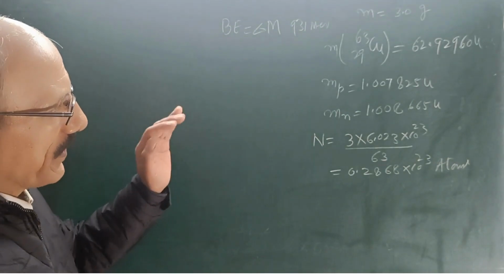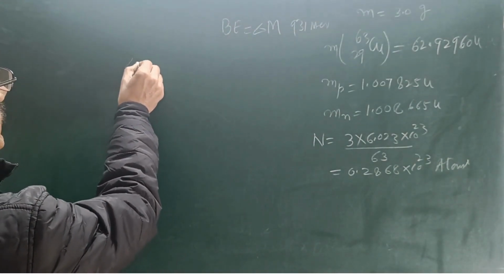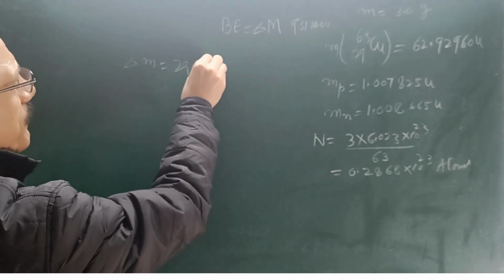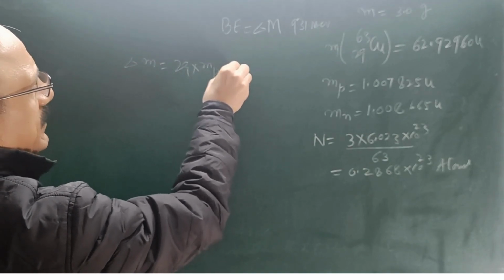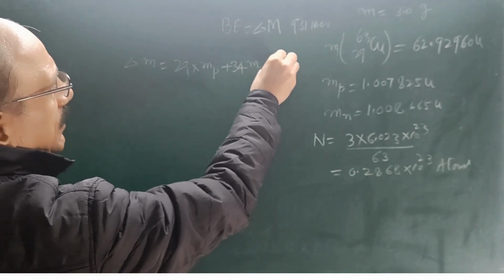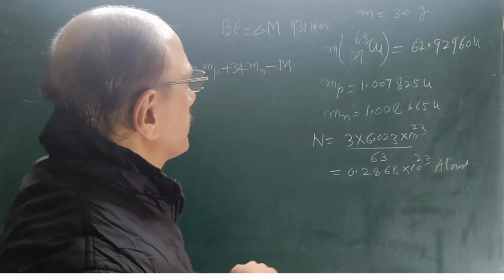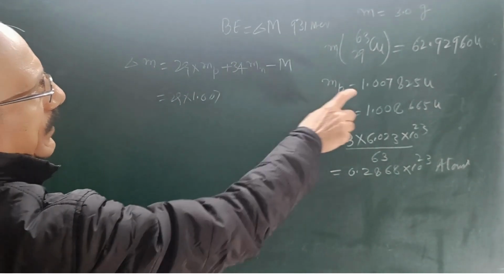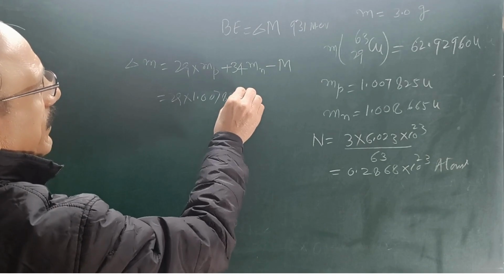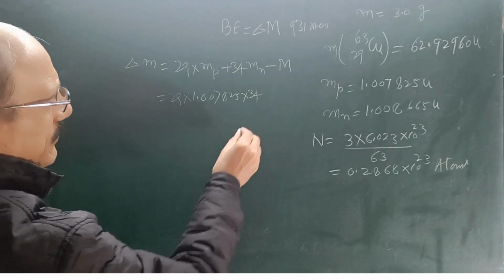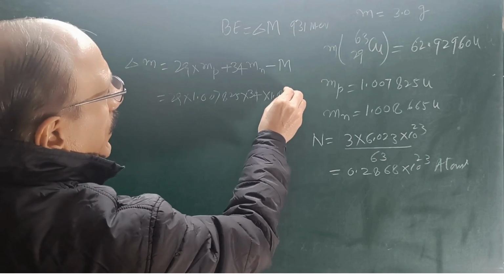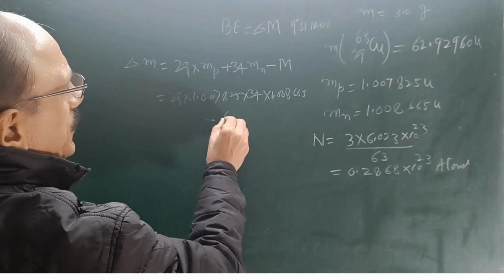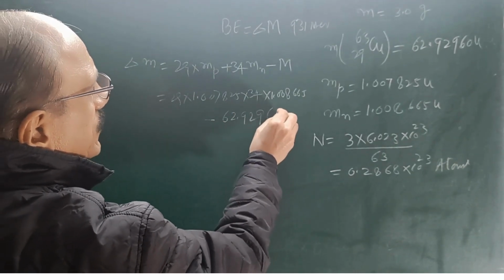So the mass defect in one atom will be equal to delta M equals 29 into mass of the proton plus 34 into mass of the neutron minus mass of the copper atom. So that comes to be 29 into 1.007825 plus 34 into 1.008665 minus 62.92960.